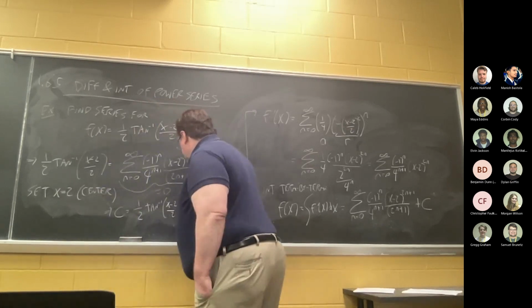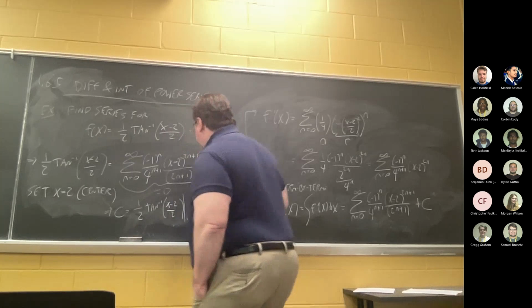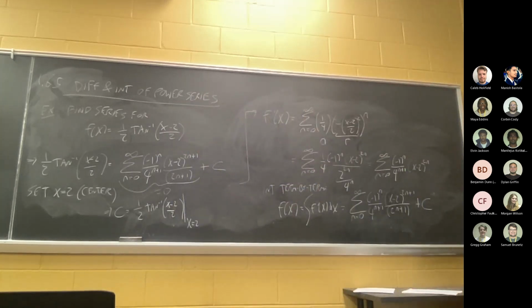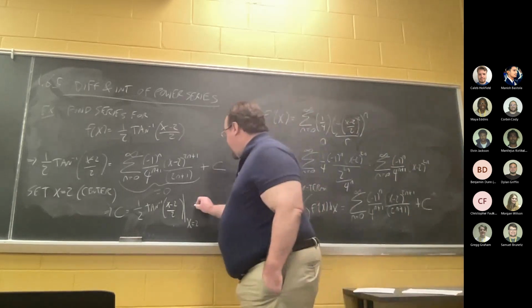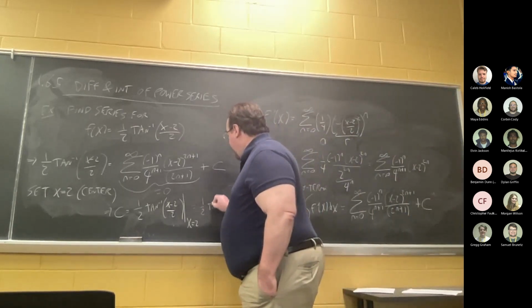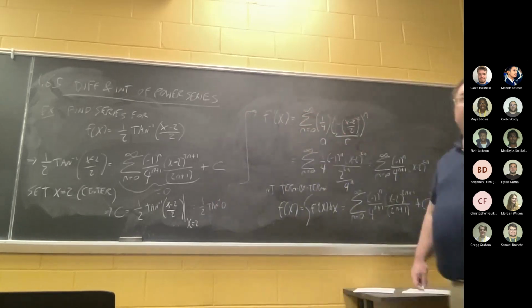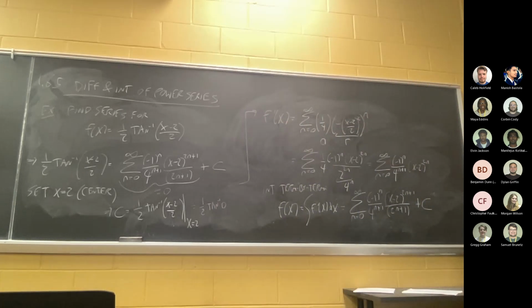So it's this. I'll use a vertical bar to indicate I'm plugging in x equal 2, but that's going to give me 1/2 inverse tangent of 0. But what is inverse tangent of 0? It is 0.